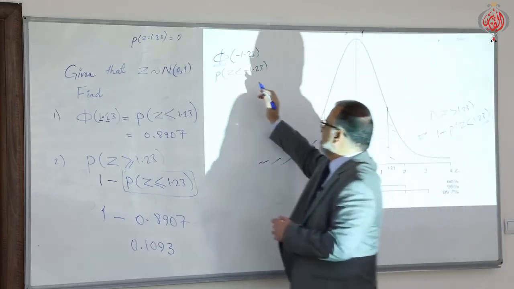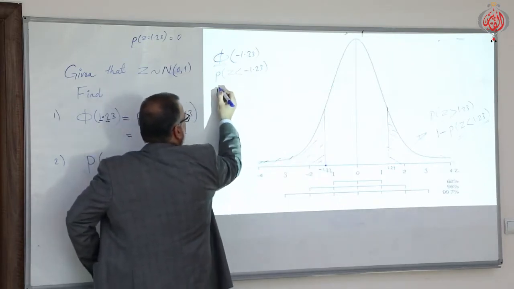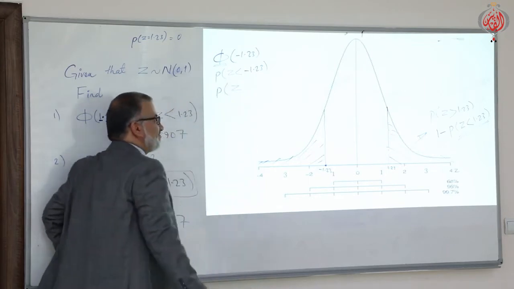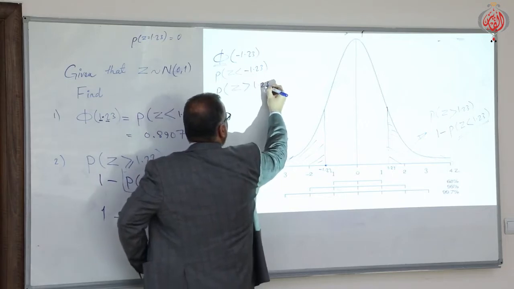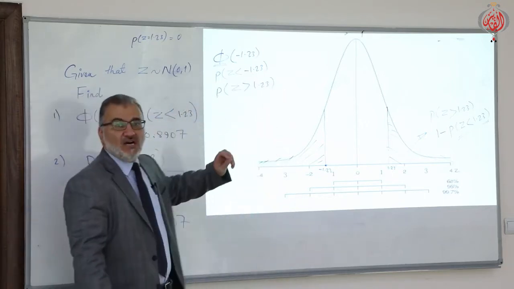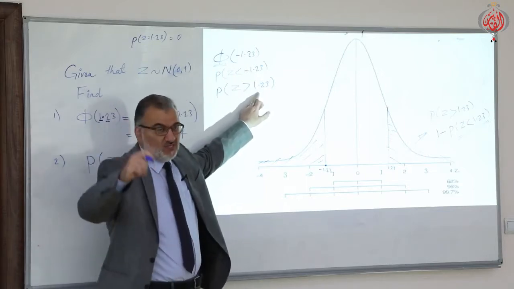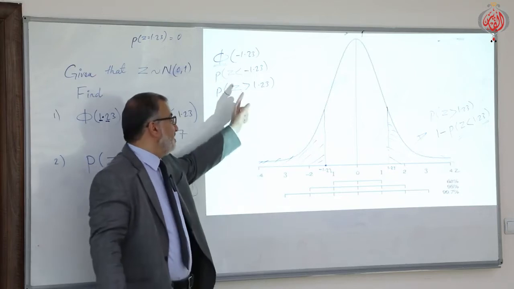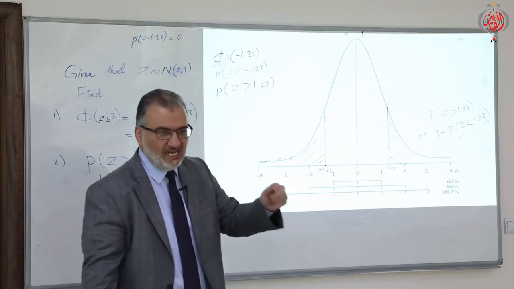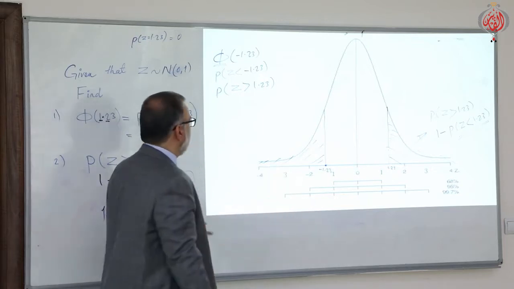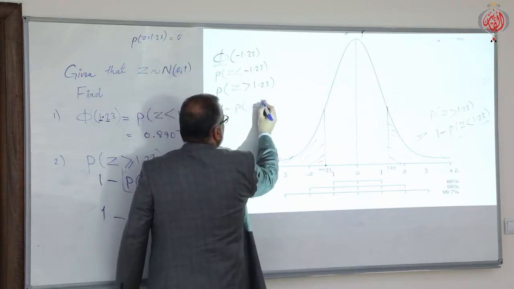It means that probability is equivalent to Z more than 1.23. Always our target is to make that value positive first. Secondly, in order to find the probability, this sign should be less than at the end. So you have less than and a positive value of Z. And how to find that? 1 minus the probability of Z less than 1.23.